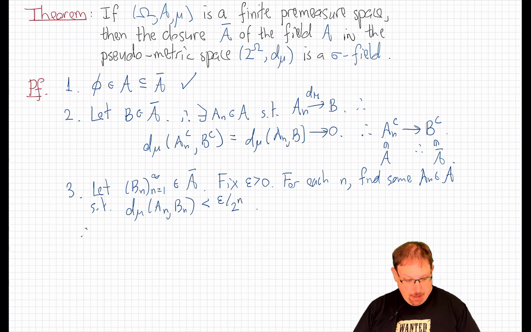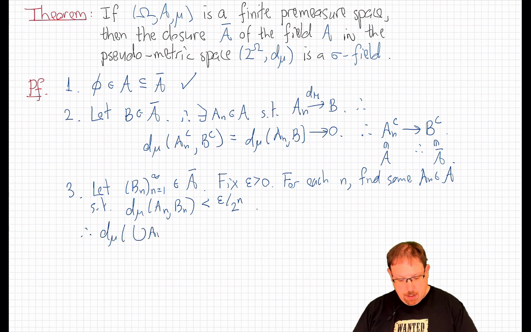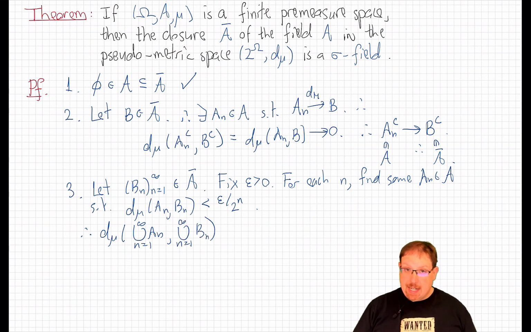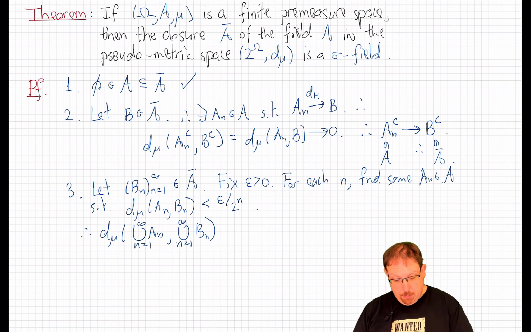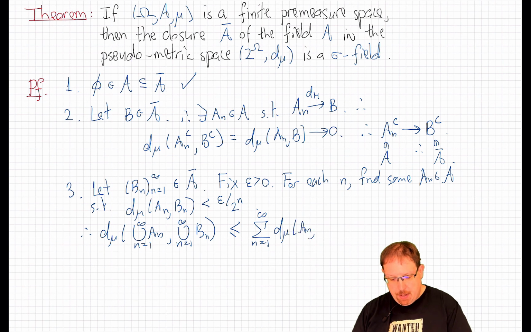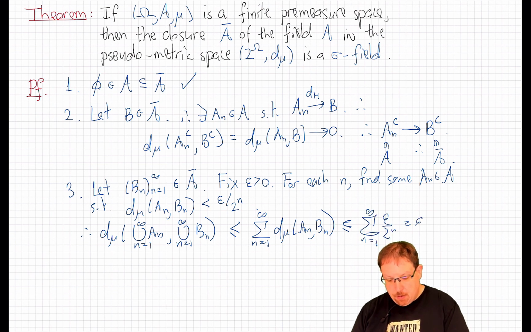Well, that means that the distance between the union of the A_n's and the union of the B_n's, by the second property of the pseudometric that we proved, is less than or equal to the sum of the distances between A_n and B_n, which we've constructed to be less than or equal to the sum of epsilon over 2 to the n, which is epsilon.